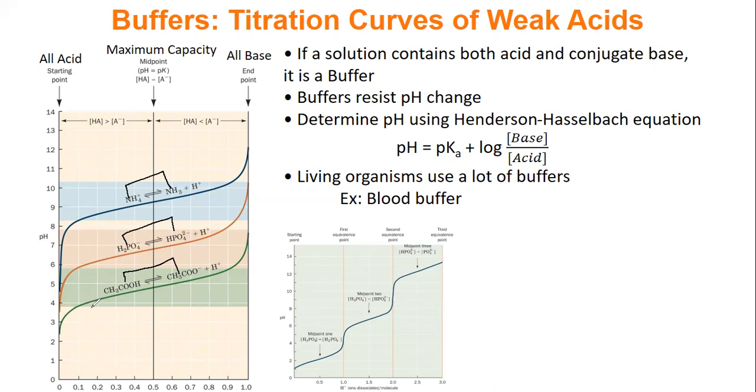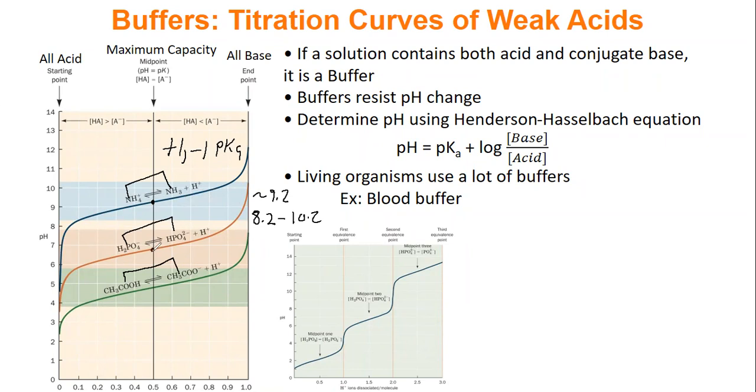For a buffer, the range of being an effective buffer is plus or minus 1 of its pKa. So for example, the pKa of ammonia is roughly 9.2, so ammonia is a good buffer between pHs of 8.2 and 10.2.